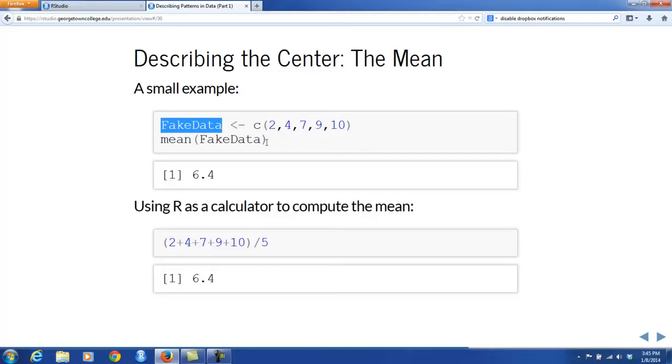How about the name fake data? And then if you ask for the mean of fake data, you get 6.4. Now, this is a very small data set, so you could have just tried it by yourself using R as a calculator. Just add the 5 numbers together and divide by 5, the number of numbers that there are, and yes, you really do get 6.4.